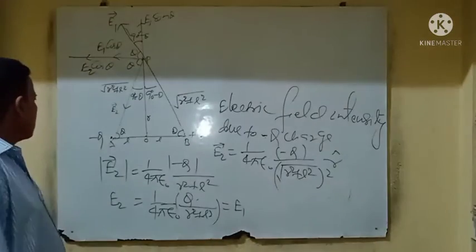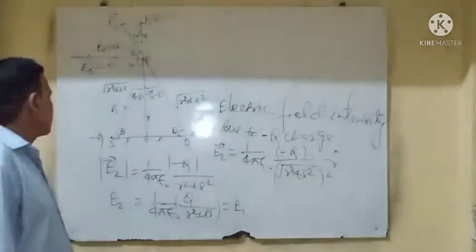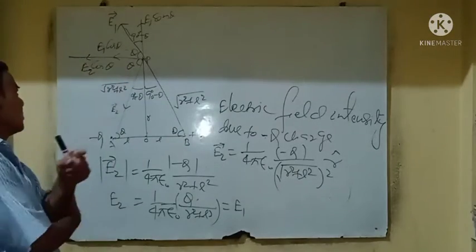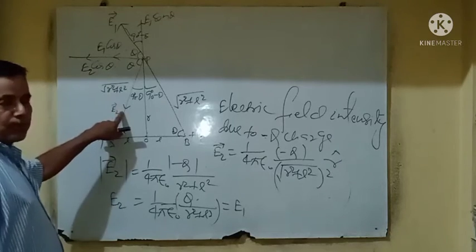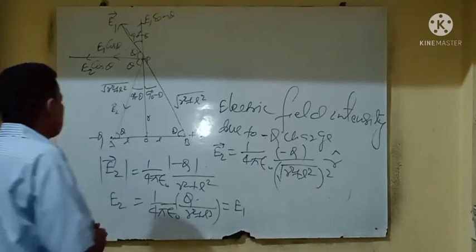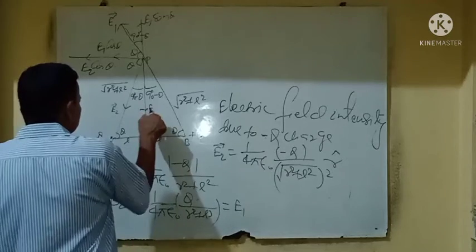Now the components of E1 at theta and 90 minus theta are E1 cos theta and E1 sin theta. Similarly, the components of E2 at theta and 90 minus theta are E2 cos theta and E2 sin theta.